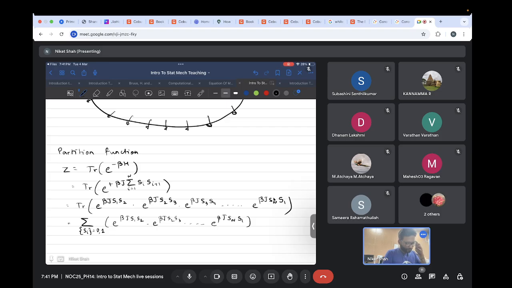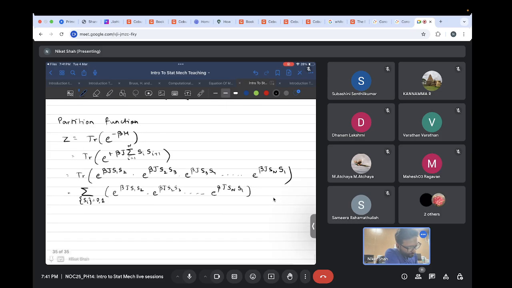Now let's just take one particular term and consider one particular summation there. e raised to power beta J s1 s2 times e raised to power beta J s2 s3. We're just taking this one term. I'm isolating this one term and considering the summation only over s2.